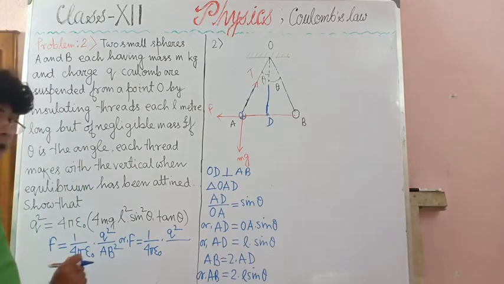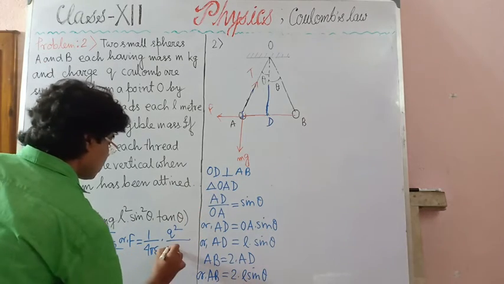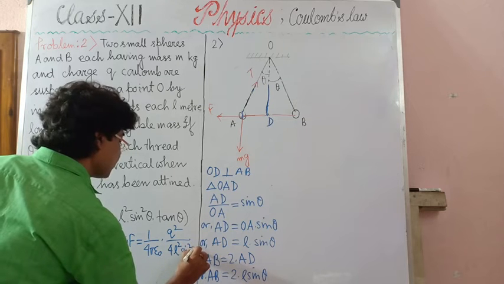So AB square equals 4L square sin square theta.